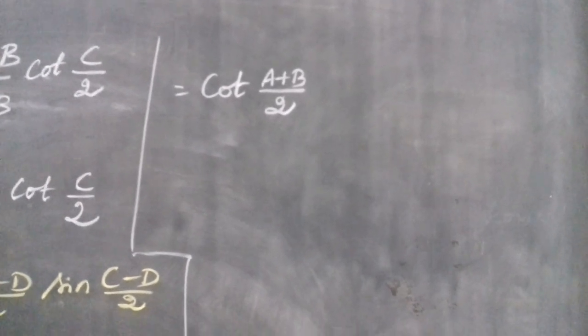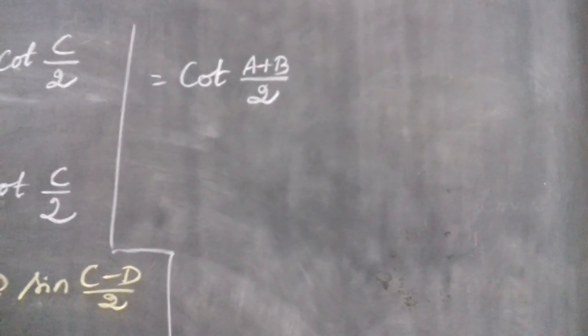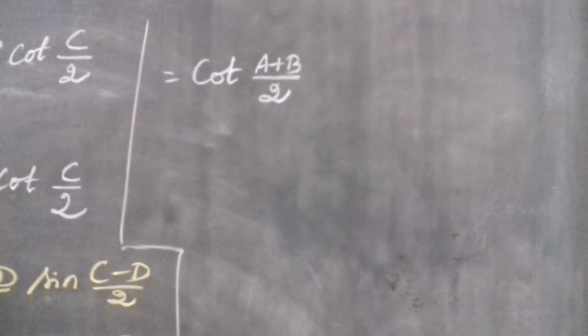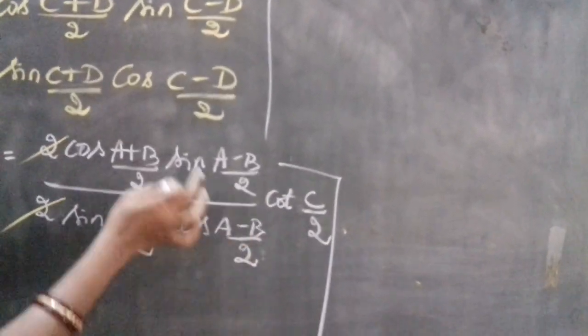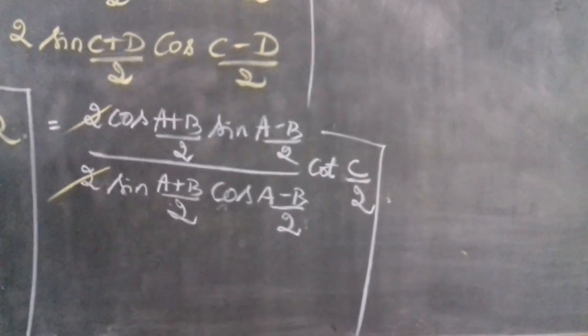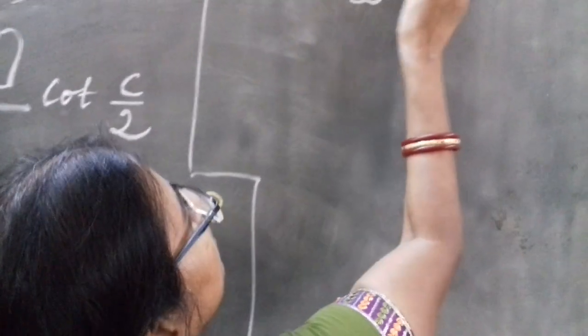And here you observe sine and cos. The angles are the same: sine of (A minus B)/2 and cos of (A minus B)/2. Sine by cos, sine theta by cos theta, is tan theta. Instead of theta we have (A minus B)/2. So write (A minus B)/2, and cot C by 2 write as it is.